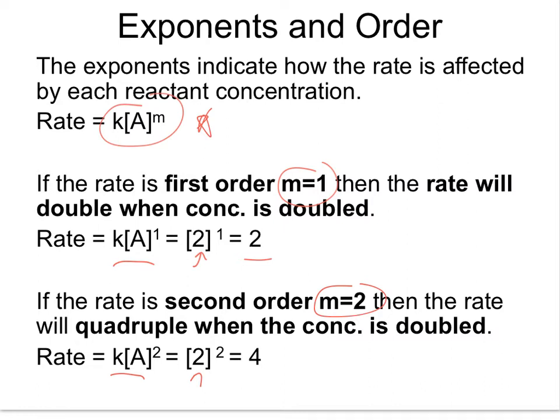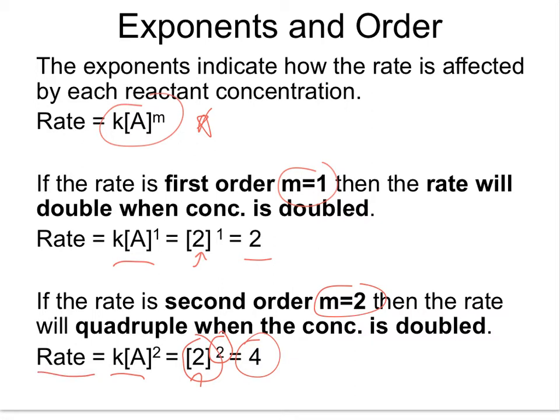If I start with a concentration of A equal to 1, I'm going to have a specific rate value. If I double that concentration, my reaction rate is going to quadruple. So basically, this exponent is going to indicate how the concentration of the reactant is going to affect the overall rate of the reaction.